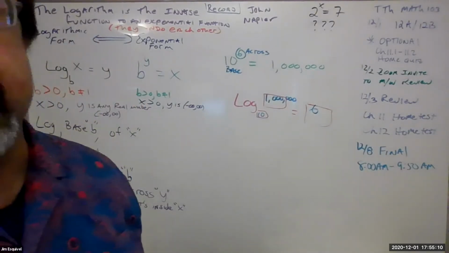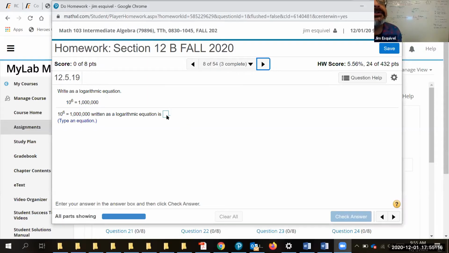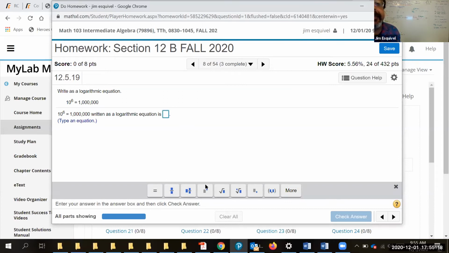So here's how you got to type it in. There is no actual LOG button to click on, so you just type on the keypad, LOG, and I want base 10.